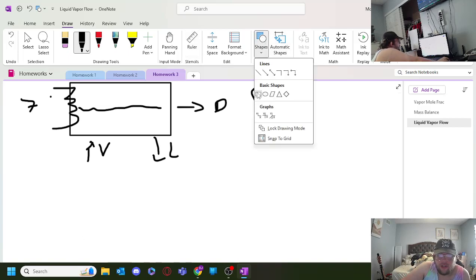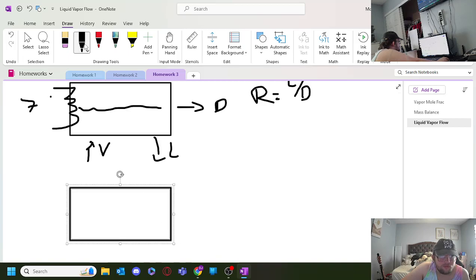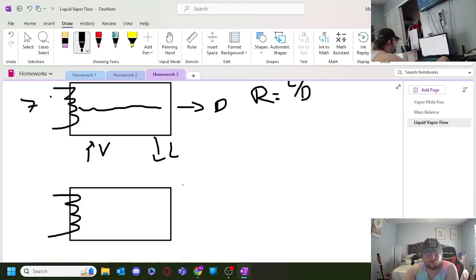Now if we look at the reboiler control, or the reboiler, what we can do is, L7, this is our reboiler, we got a certain amount of vapor here, got L coming in, we also got our bottoms.